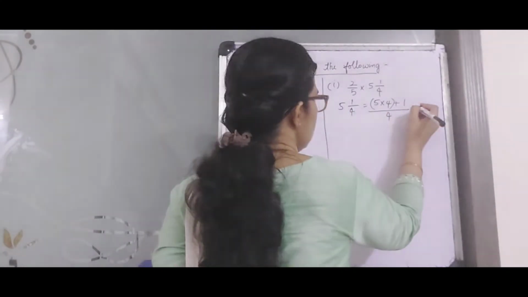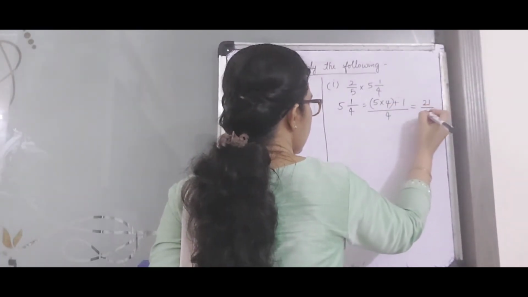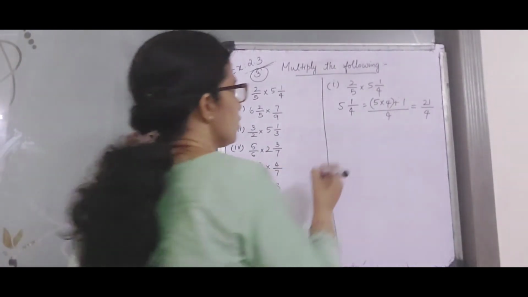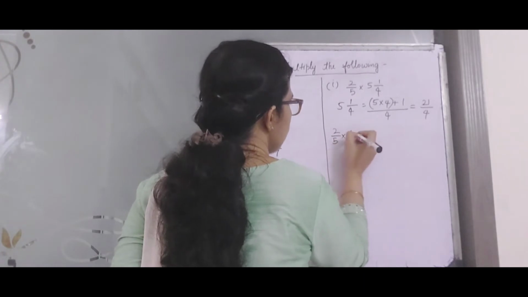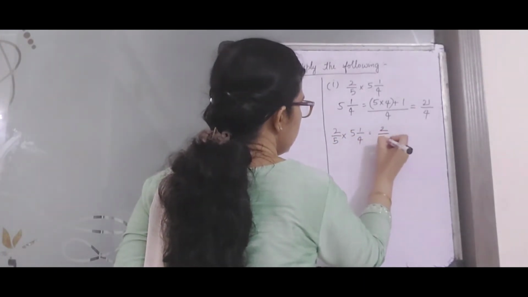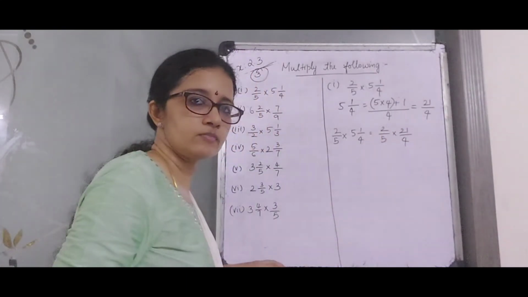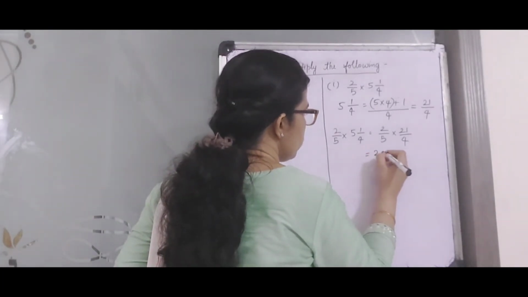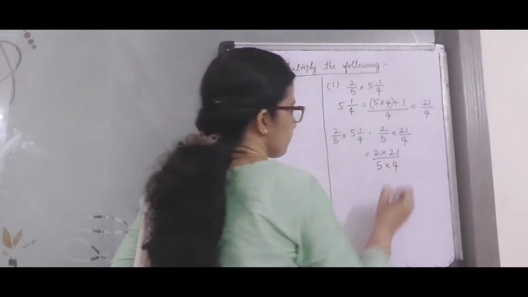Which is equivalent to 5 4s are 20. 20 plus 1, 21 by 4. Okay. 5 1 by 4 can be written as 21 by 4. So what is the question here? 2 by 5 into 5 1 by 4 can be written as 2 by 5 into 21 by 4. Okay. So we can directly multiply the 2 into 21 divided by 5 into 4.